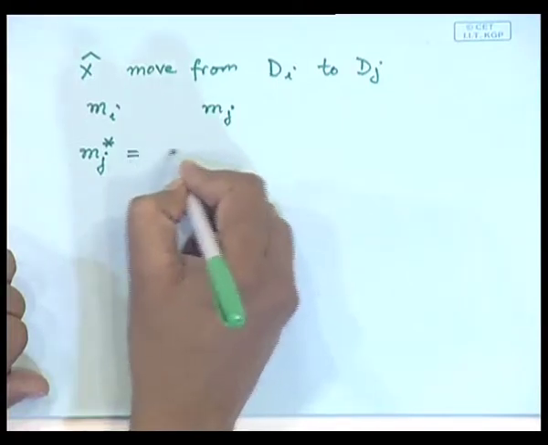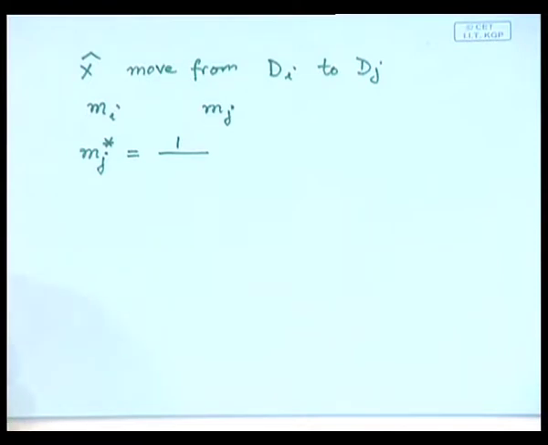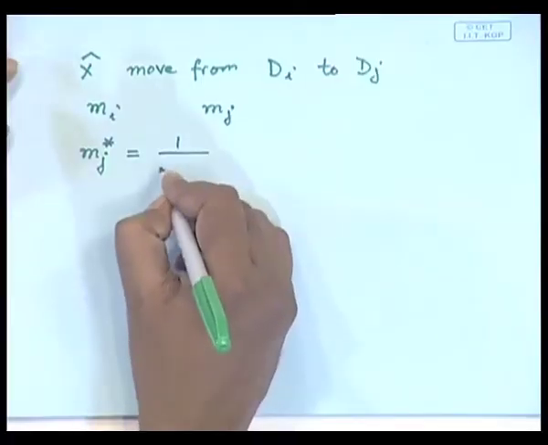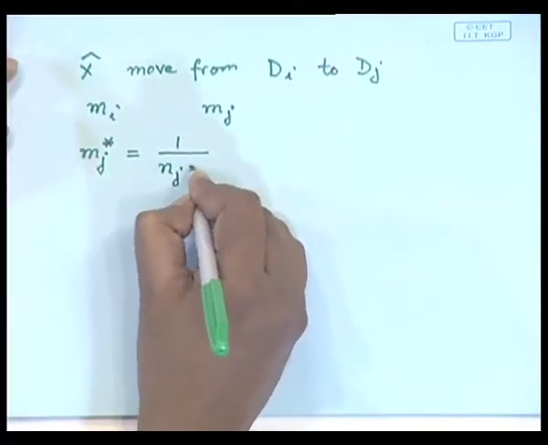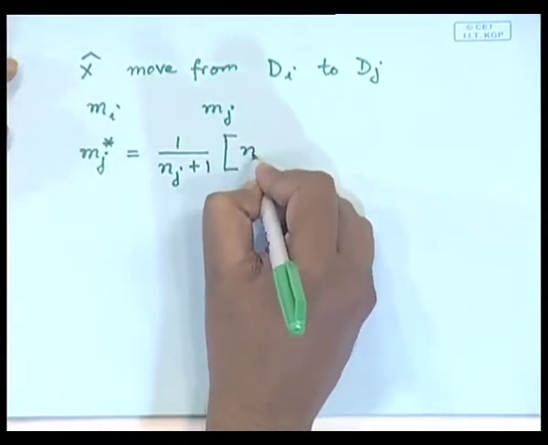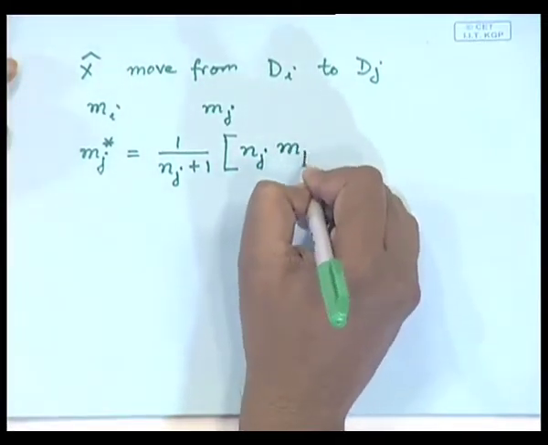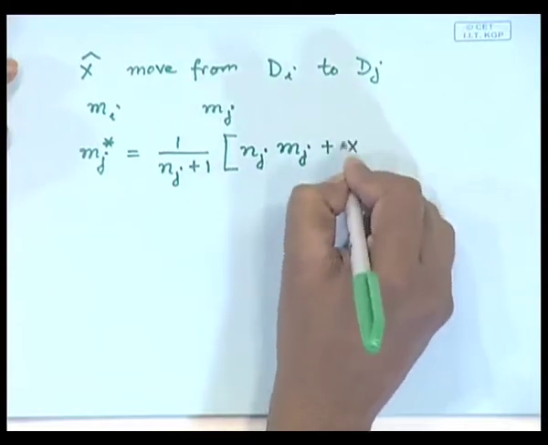Initially, before putting this x hat into the jth cluster, the number of points in the jth cluster was n_j. Okay. As I put this new point into the jth cluster, the number of points will be n_j plus 1. Okay. So, this will simply be 1 upon n_j plus 1 into the previous number of points n_j times the previous mean m_j, plus x hat.